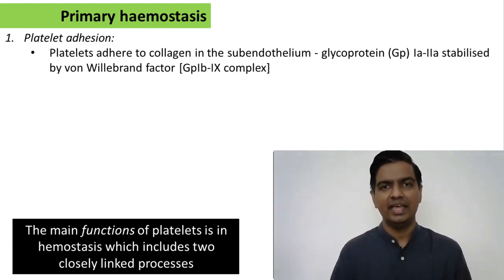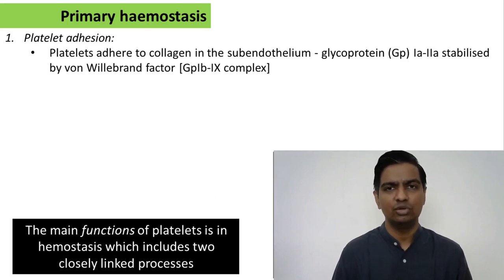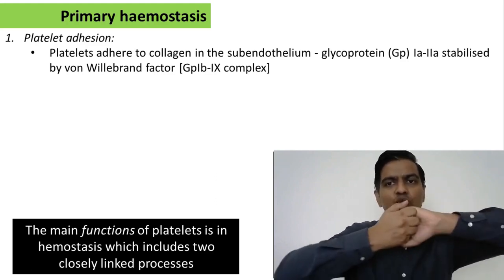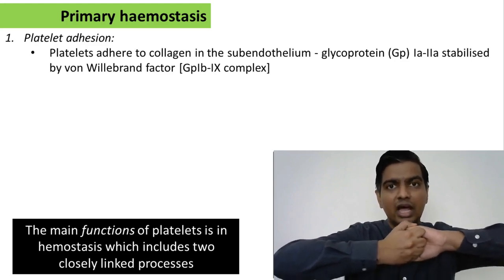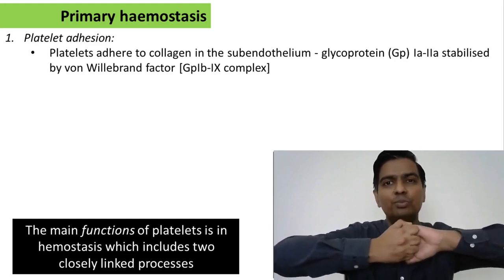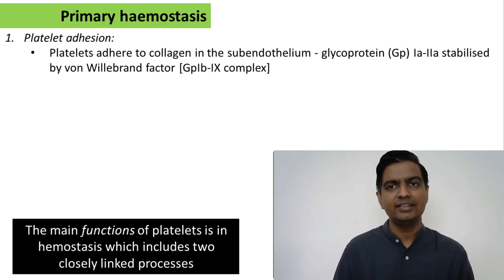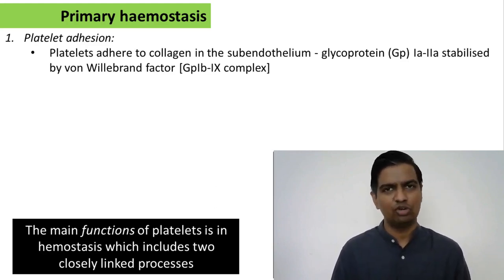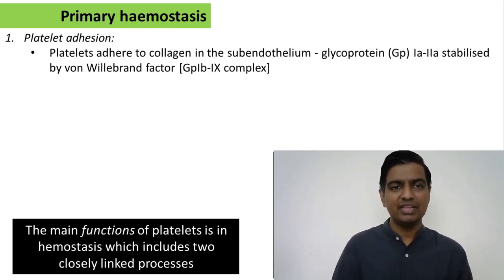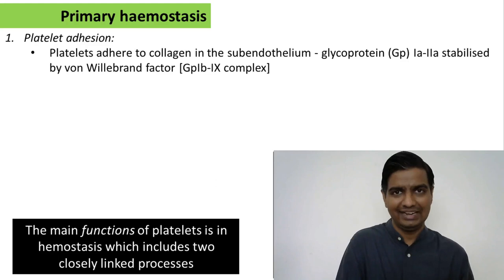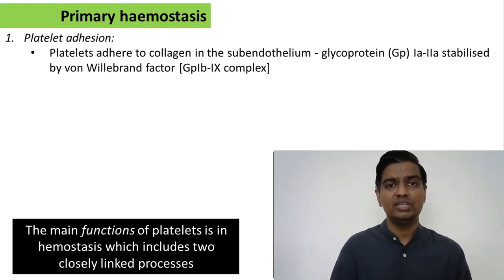Platelet can adhere to this collagen in the subendothelium. But to adhere, to hold on to, you require a protein, a glycoprotein. In case of platelet, this glycoprotein is called GP1a/2a. GP for glycoprotein. So GP1a/2a helps in binding of platelet to subendothelial collagen.